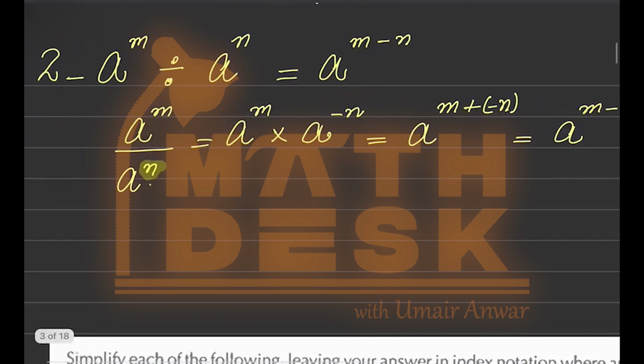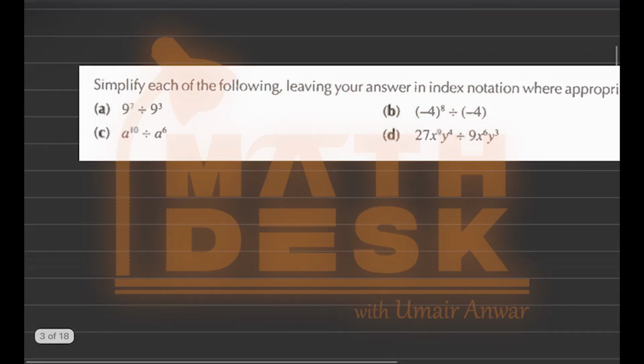So the second law is nothing but an extension of the first law, which says that if two bases are being divided and both of the bases are same, then you can write the final answer as a single base. In the index, the second index would get subtracted from the first index. Now let's move on to the examples.